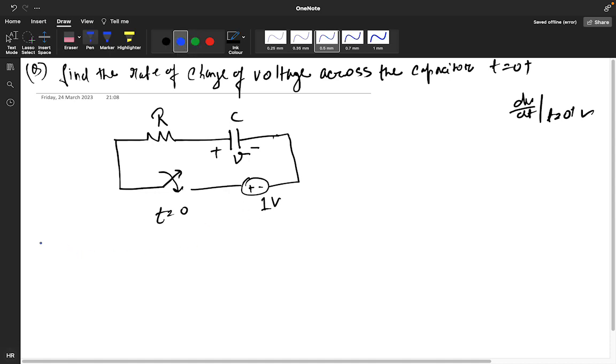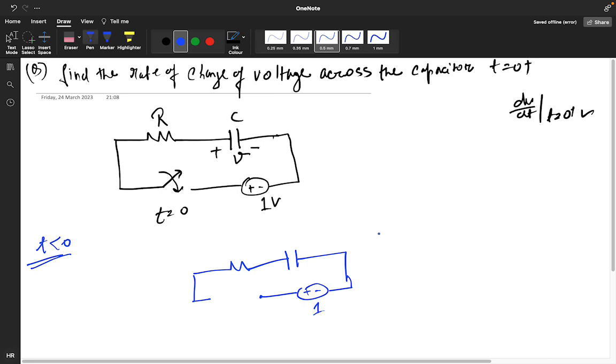So guys, if you see the network before the switching time, t less than 0, how was the network? Network is like that. There was no connection, means it is not connected.